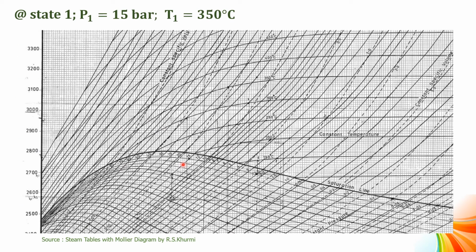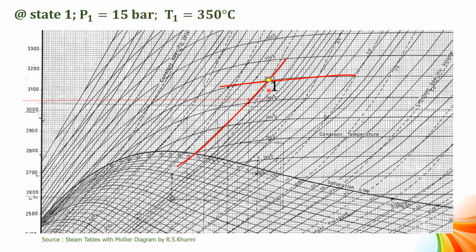Now we have to locate point 1 on the Mollier diagram again for finding the values of specific enthalpy and specific volume. Here pressure P1 equals 15 bar, so mark the 15 bar line and the temperature 350 degrees centigrade line. Both lines meet at this point, so that point is marked as 1.